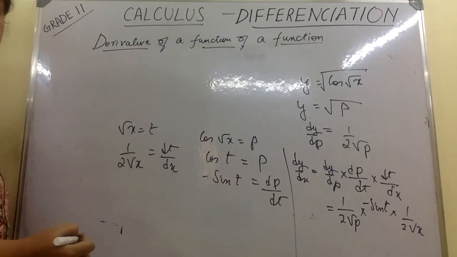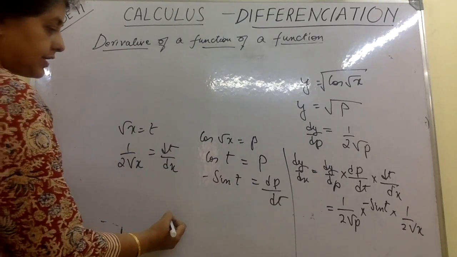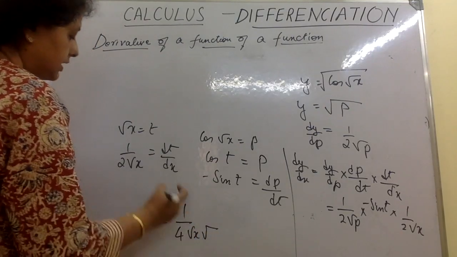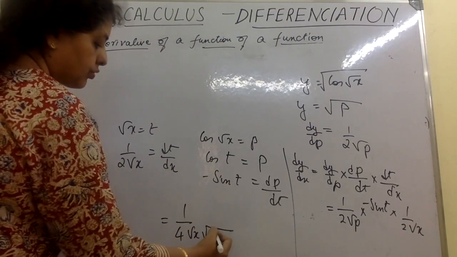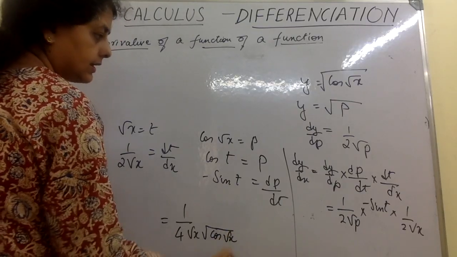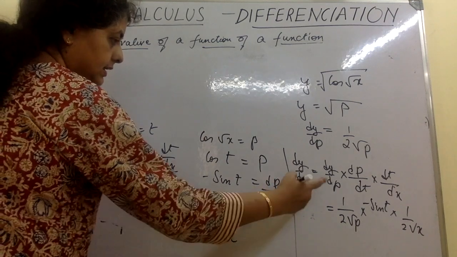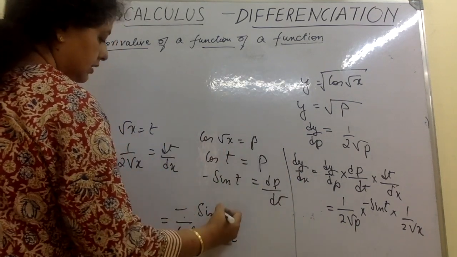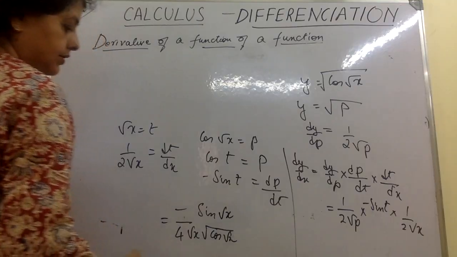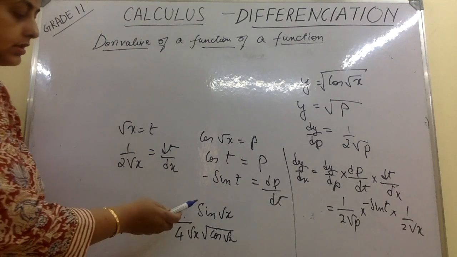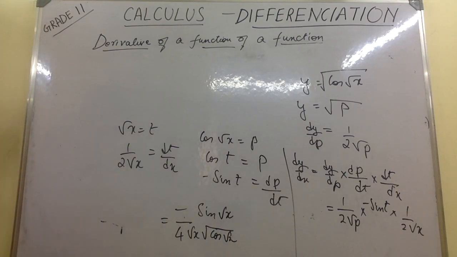Okay, that makes it 1 by 4 root x, root p is cos root x, okay, minus sin this t is root x. Okay, so this is our final answer, which is minus sin root x over 4 root x and cos root x.